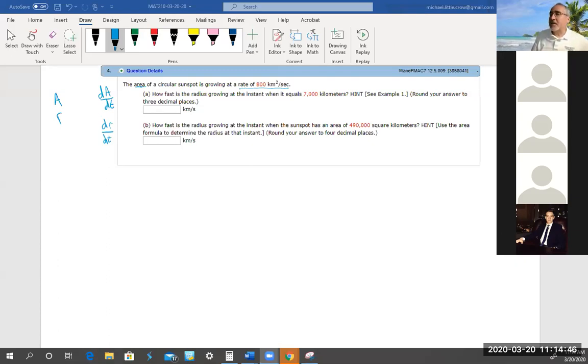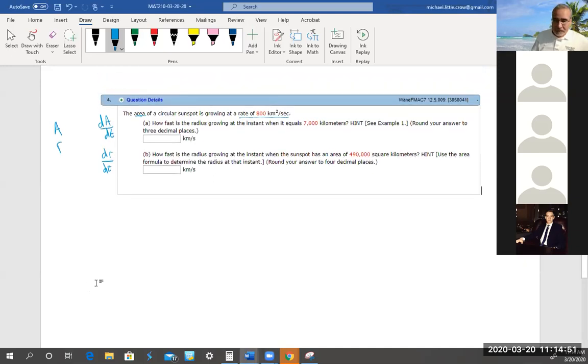We're on question number 4, and this is section 12.5. So we're back to related rates and question number 4. The area of the circular sunspot is growing at 800 kilometers per meter. So that's giving us the rate of the area. So dA/dt we know is 800.